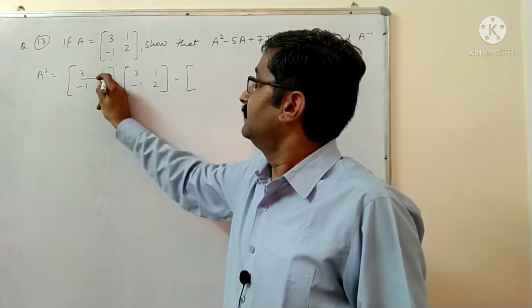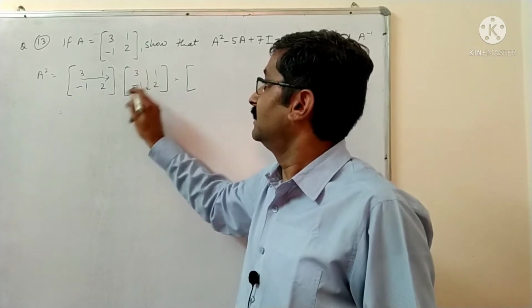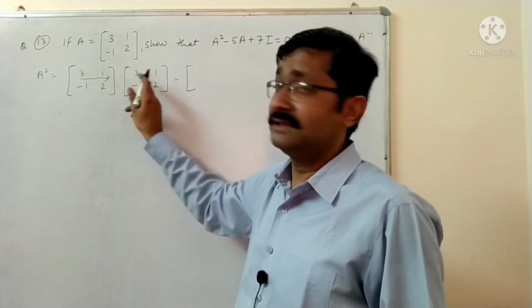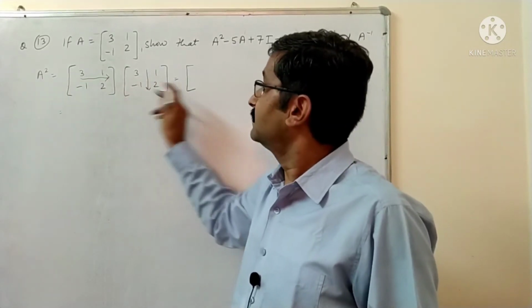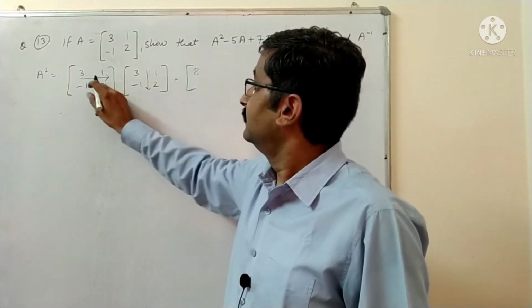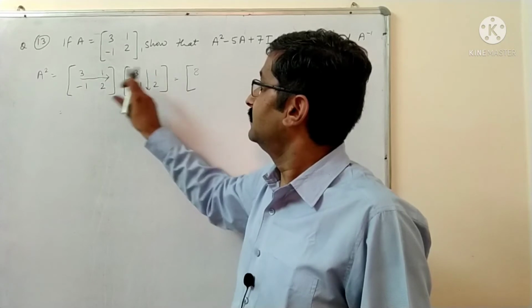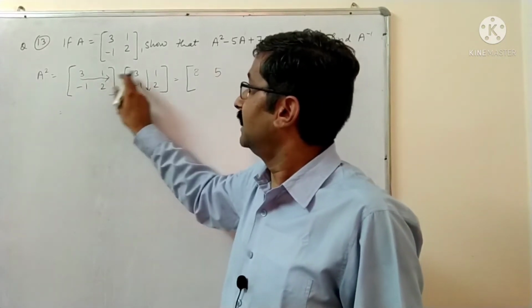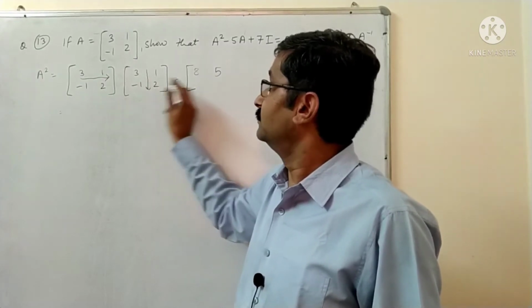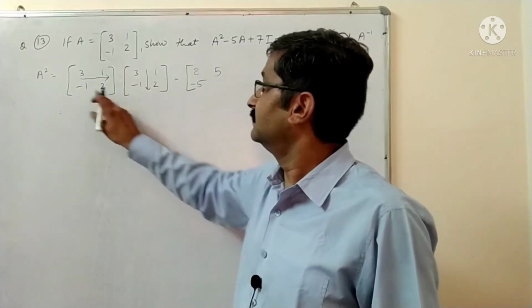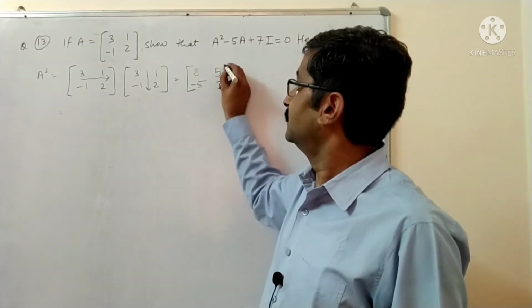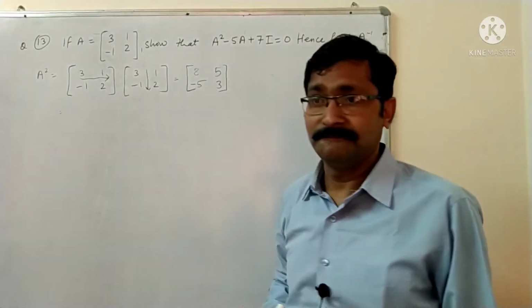Here you will take row and this side you take column. 3 times 3 is 9, minus 1 gives 8, and 3 times 1 is 3, plus 2 times 2, gives 5. Minus 3, minus 2, gives minus 5, and minus 1 plus 4 is 3. So this is what we get as A square.